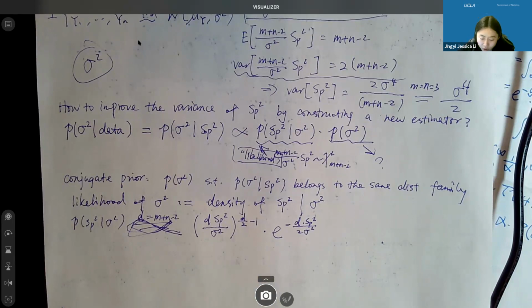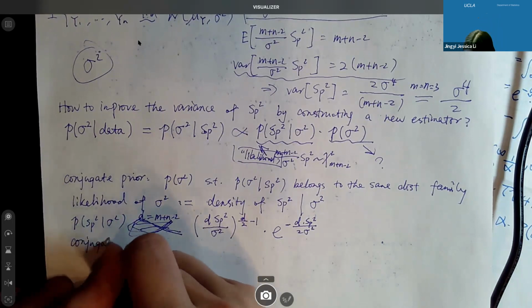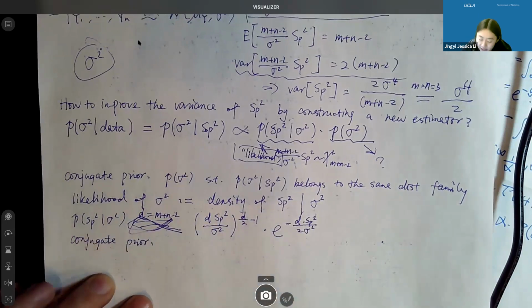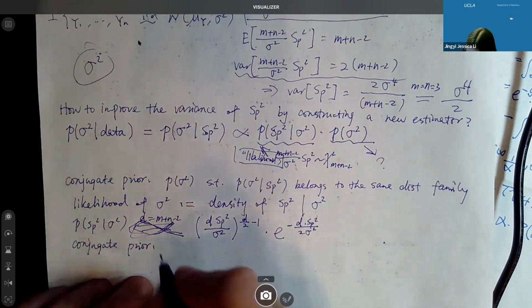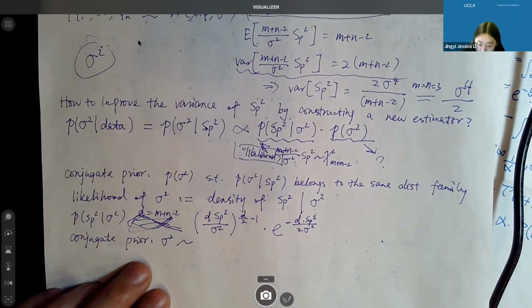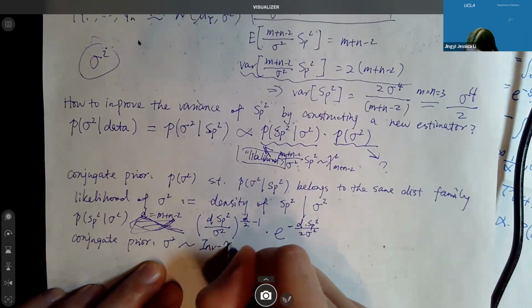Now let's say we assume the conjugate prior based on this likelihood form. Let's say we assume sigma square follows a distribution called inverse chi-square.